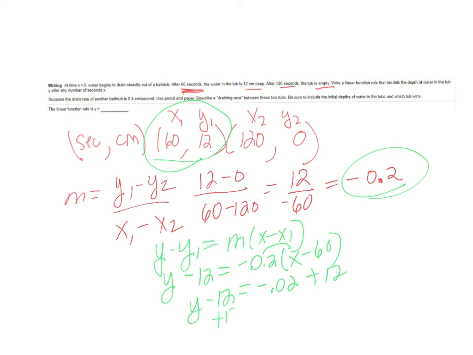Then we have to use inverses to add 12 here, and we're going to end up with y equals negative 0.2x plus 24. I see when I wrote this here that I put the decimal point in the wrong place, so I want to fix that. My answer up here is negative 0.2, so decreasing at that rate, and it's starting at 24.